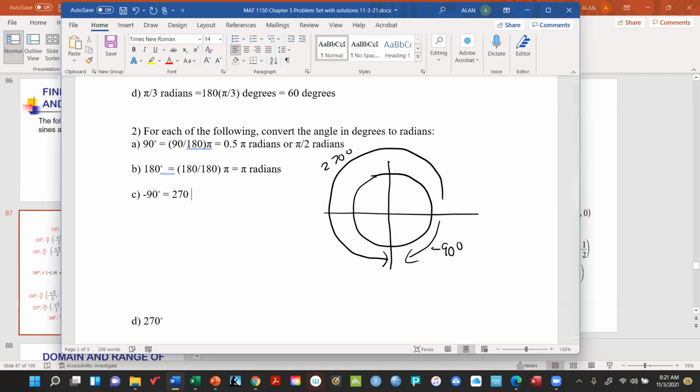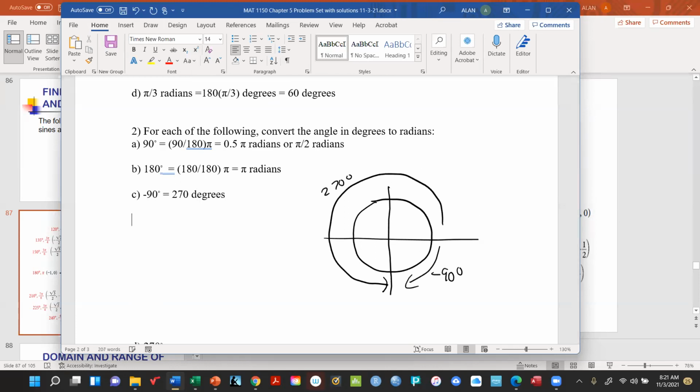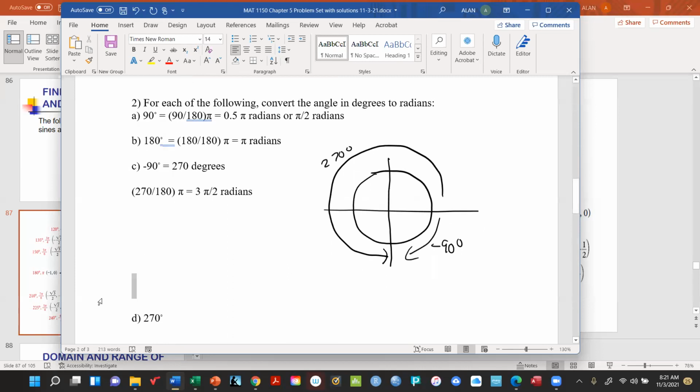And then you can work on that. Okay, 270 divided by 180 times pi results in 3 pi over 2 radians, or 1.5 pi radians. All right, and then finally for D, this is not a problem because it's already positive.